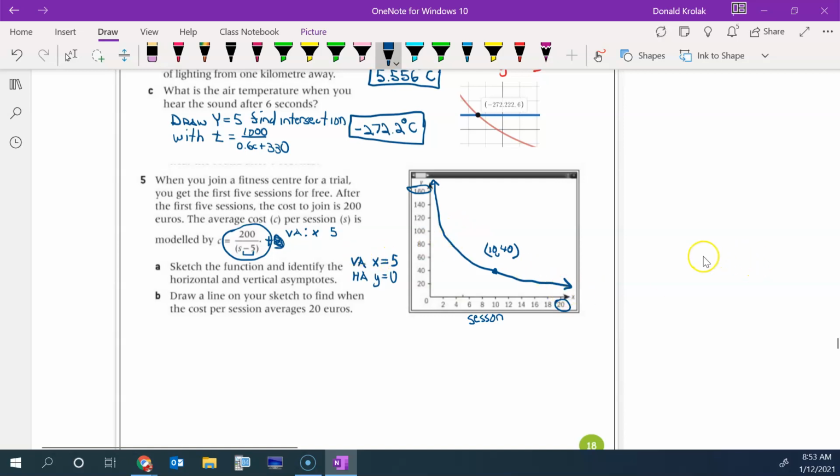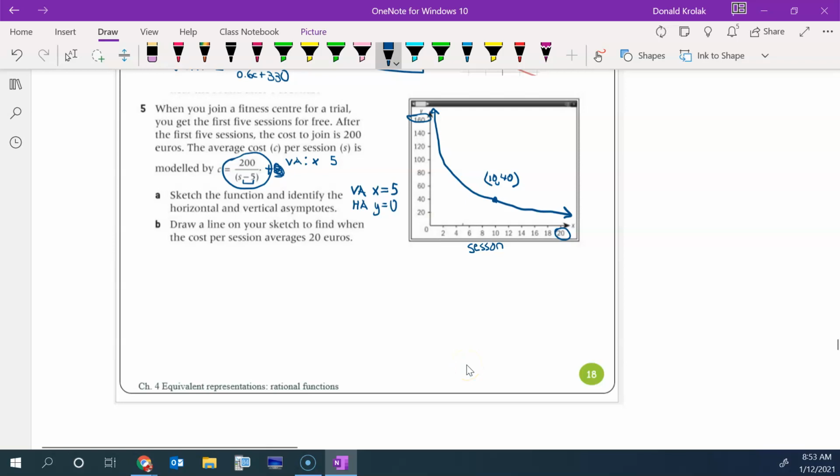I drew that incorrectly. Thank you. You're exactly right. Okay, so I would have my asymptote drawn in there. And then, so it would look more like this.